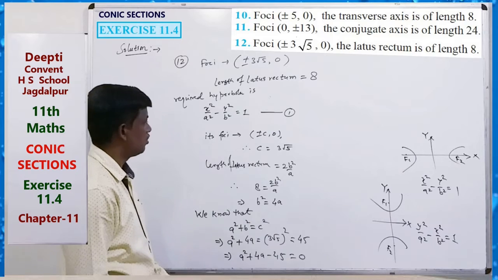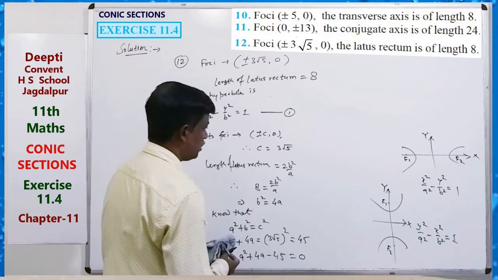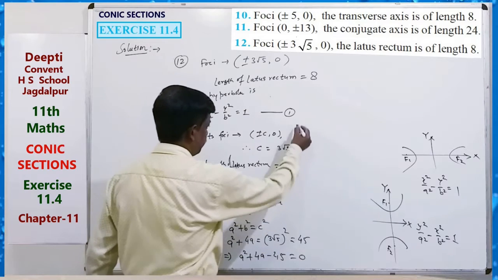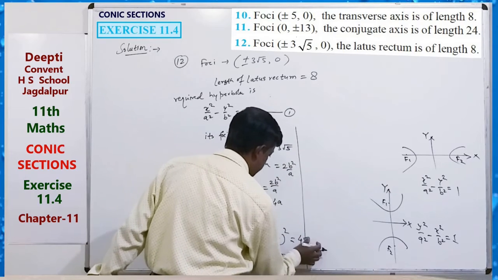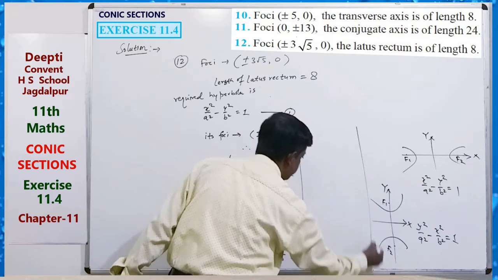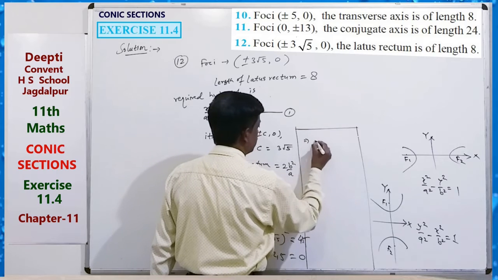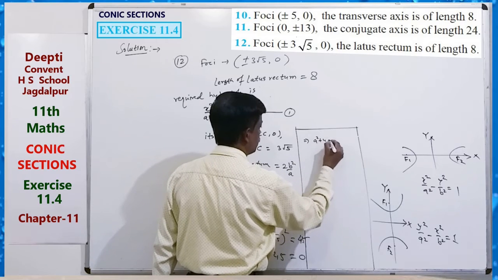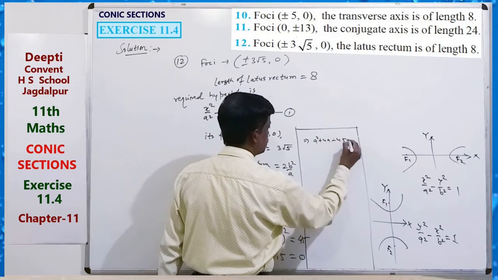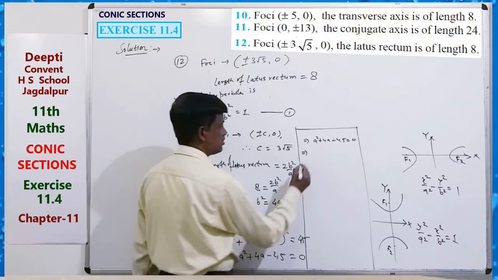So it can be solved. A square plus 4a minus 45 equals 0. So we can factorize: 9 and 5.